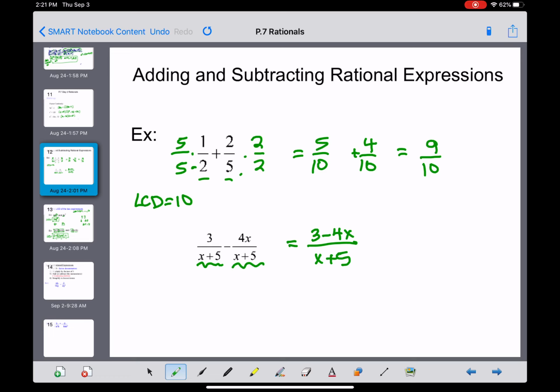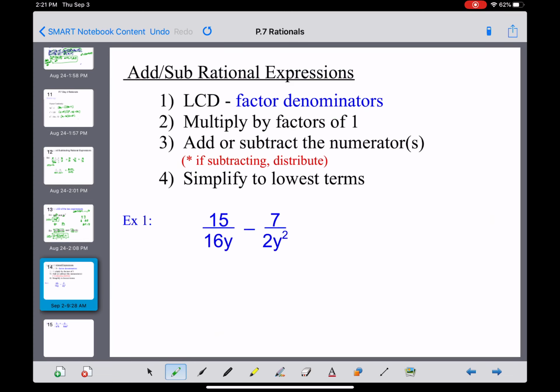And our form of 1 here was 5 over 5. That was what was missing from the denominator to make it 10. So I needed to multiply it by 5. And then we simplify. So we'll look at those steps here in a minute, add and subtract. That's just a reference to go back to.